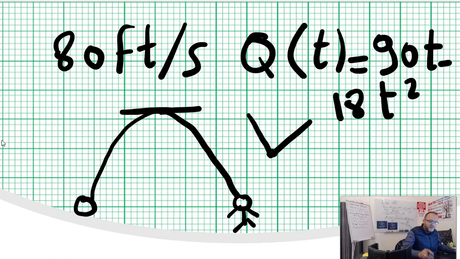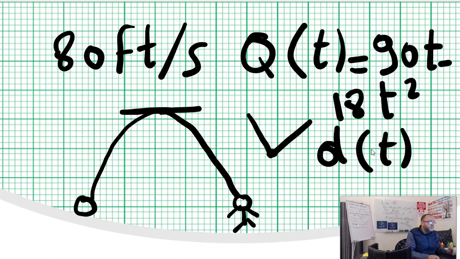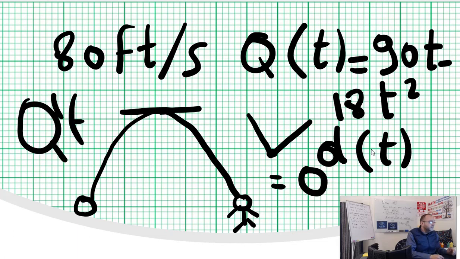So this maximum point right here, where the tangent line is horizontal, this is the maximum point where the derivative, the dy over dx, or dt here, because we're studying in terms of time. We don't have an x, we have a t instead. So your derivative, at this particular point, is going to equal 0. So q prime of t is going to equal 0 at that point here.